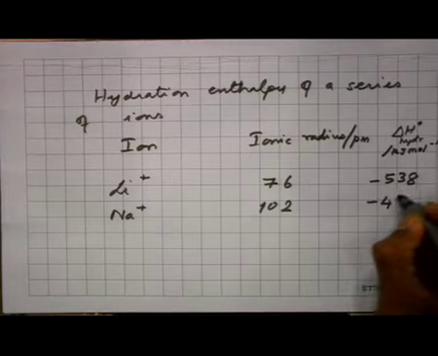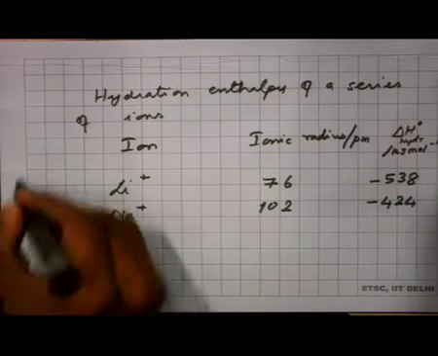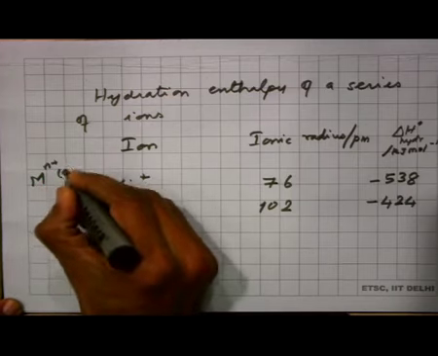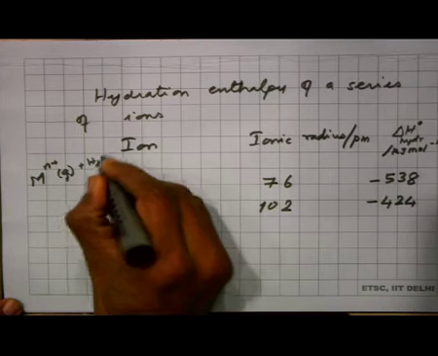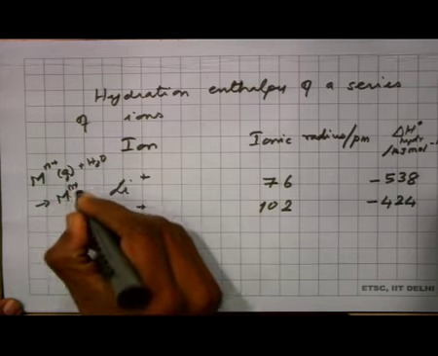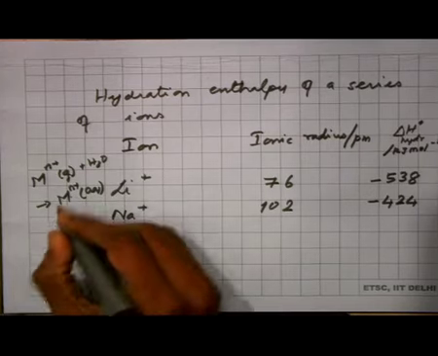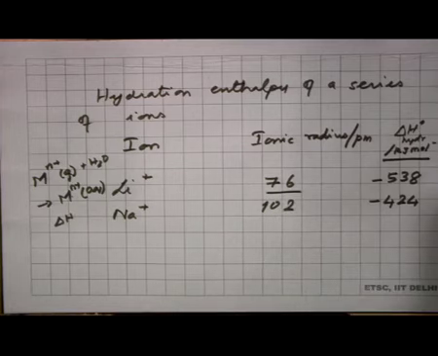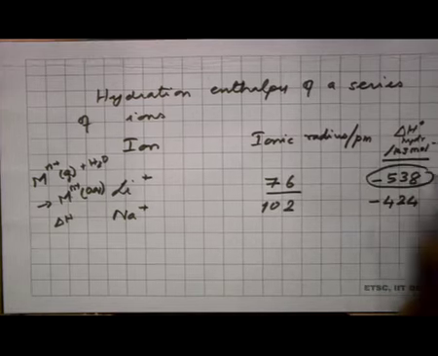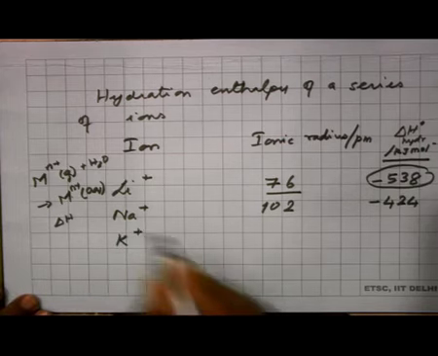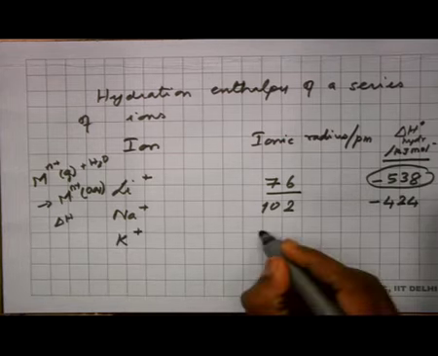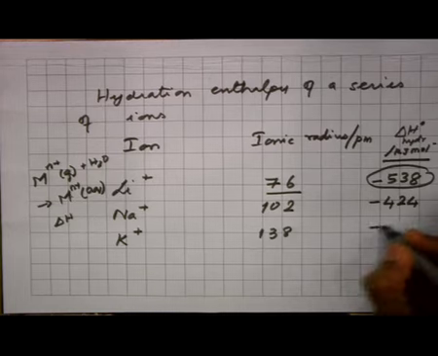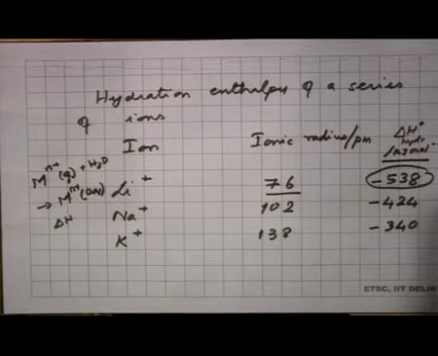And sure enough, the hydration enthalpy, which measures if I have an ion Mn plus in the gas phase plus H2O giving Mn plus aqueous, this is the delta H that we are measuring here. So, smaller the ion, larger is this thing, and this trend continues. If I went to K plus, whose ionic radius is bigger than that of even Na plus, the enthalpy of hydration is even smaller.